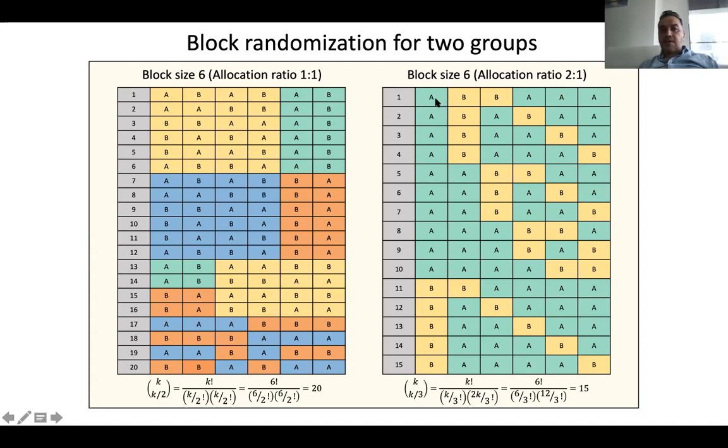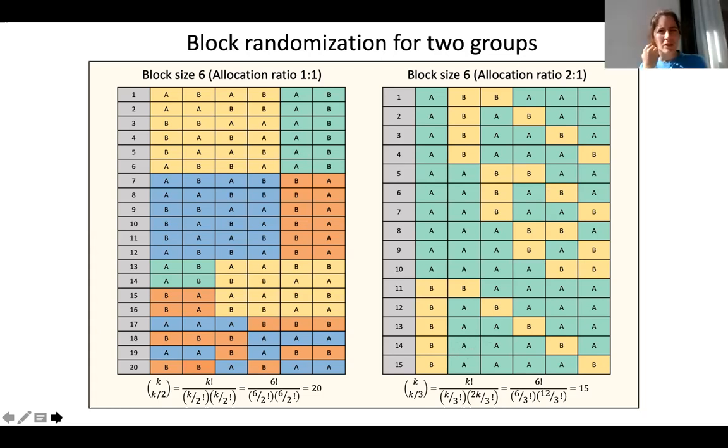That means that for every 2 patients allocated in A, 1 patient is going to be allocated in B. Because the block size is 6, 4 patients are going to be in A, and 2 patients are going to be in B. And the sequence is going to be different in 15 different options. So you have 15 options to choose from, not you, but the computer, right? So this is just to illustrate how difficult it's going to be to guess the last option. Okay.